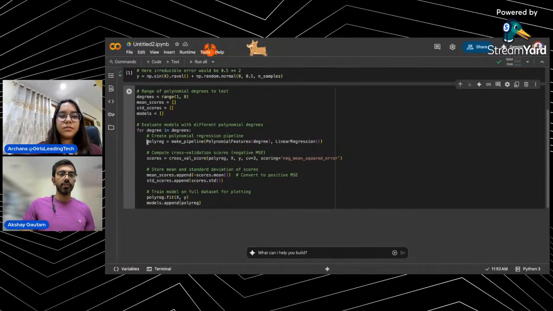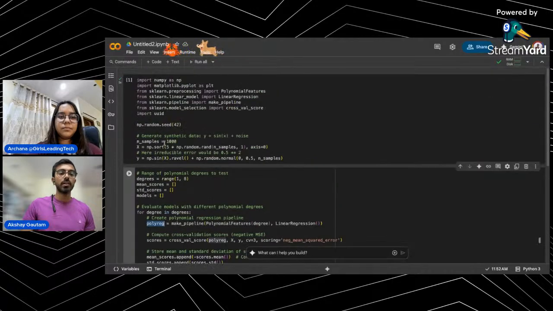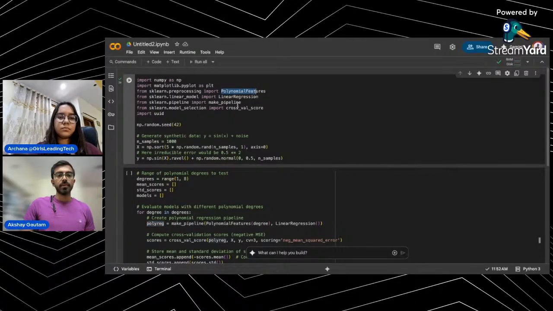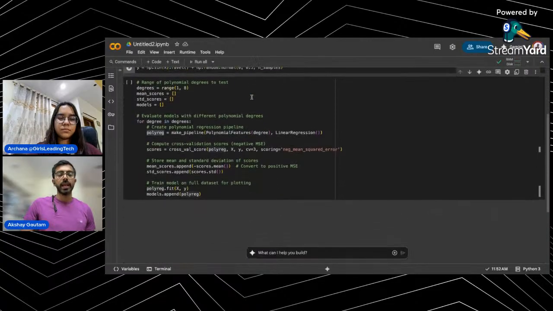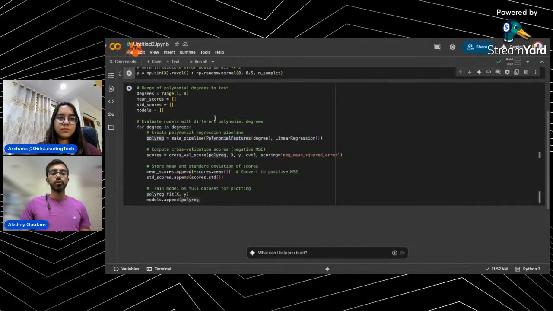This is polynomial regression. So sklearn, which is scikit-learn, comes with a very handy function called linear regression. And here we can choose how many degrees of polynomial we want for the linear regression.